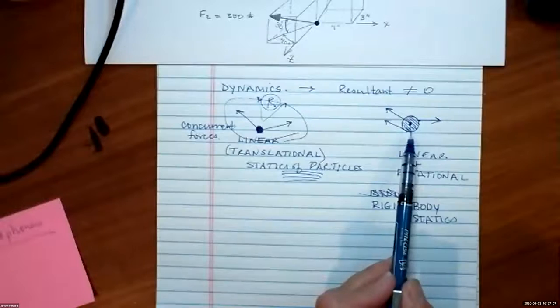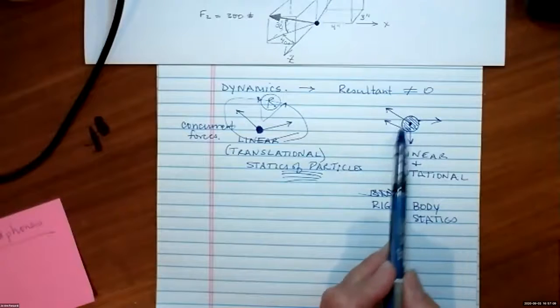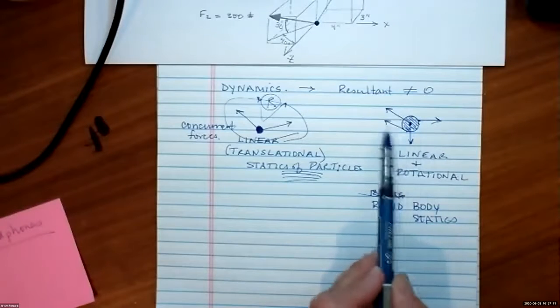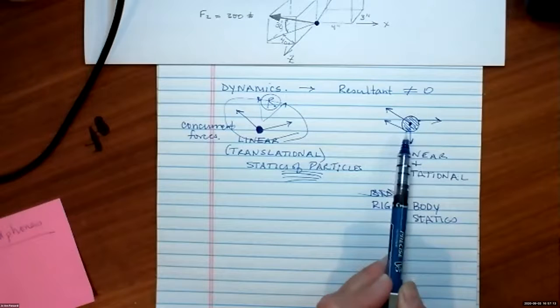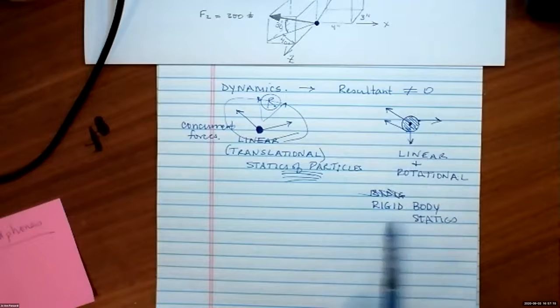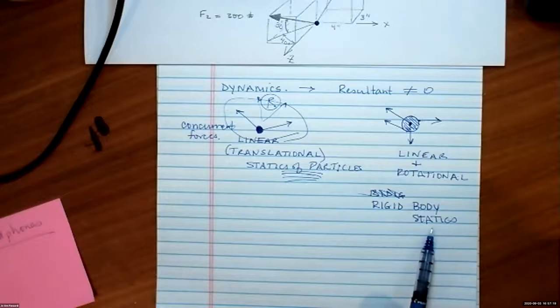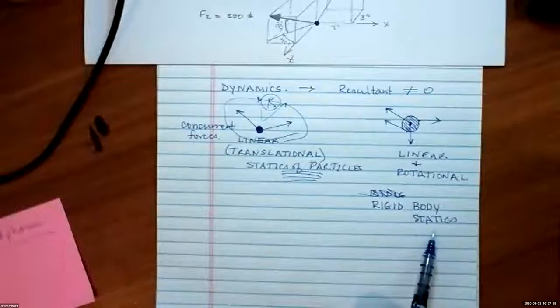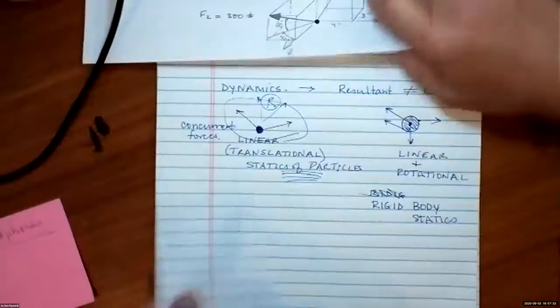Particles. That's right. And in the situation, Daniel C, where we have a rigid body where forces are coming off different points and could cause rotation, that's called what kind of statics? Rigid body statics.